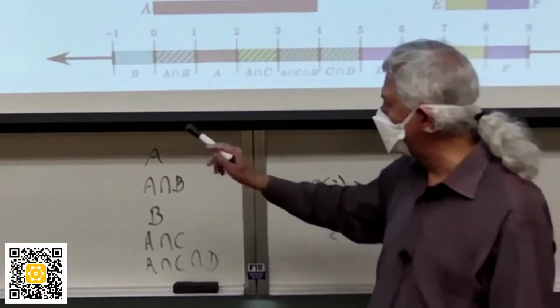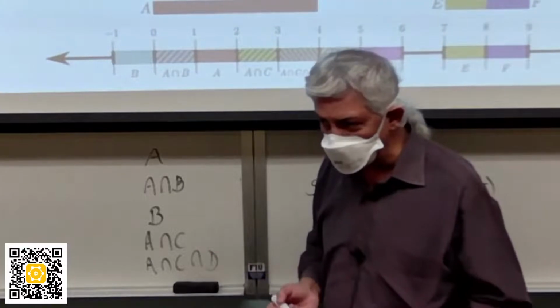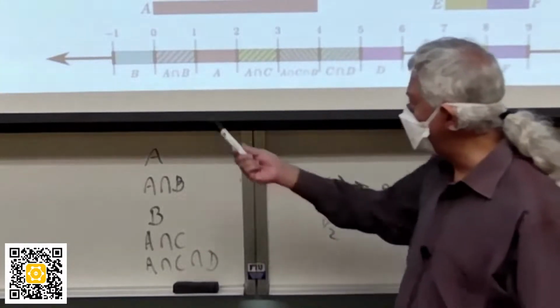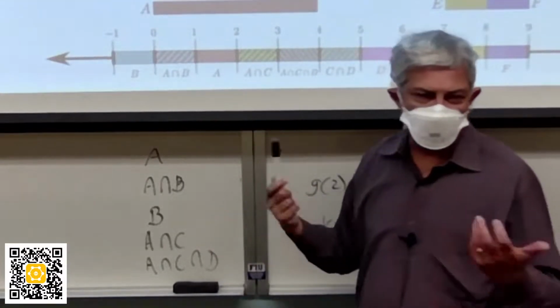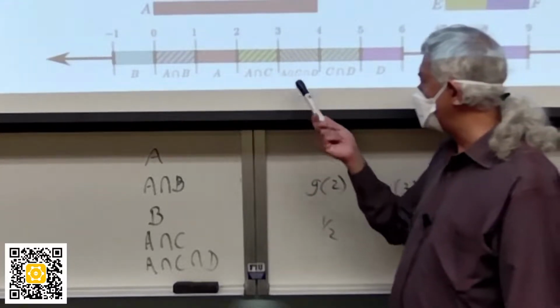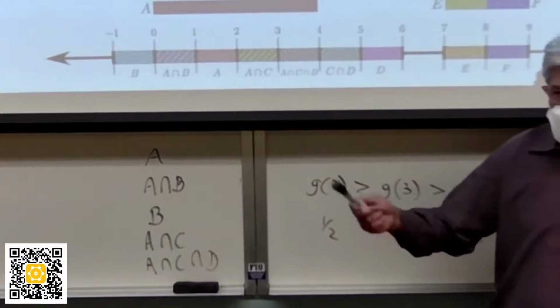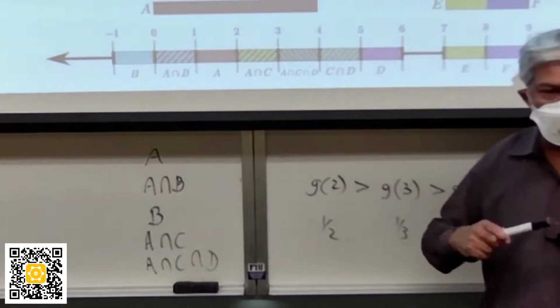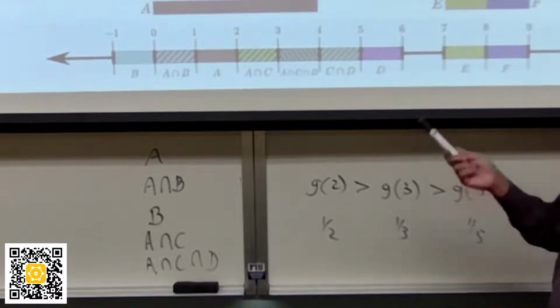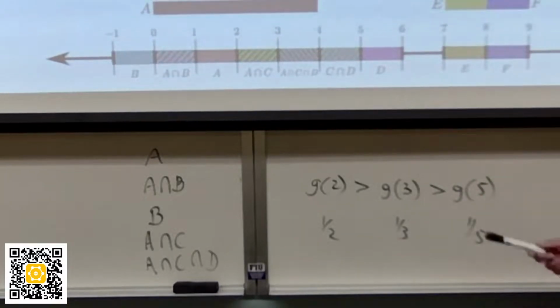You would expect that these two are connected by an edge because they have B in common, right? You would expect these two to have an edge because they have A in common. These two have A in common, C in common, D in common. So all the neighbors have something in common until you get to here where things go off to a blank, and then there's no intersections here.